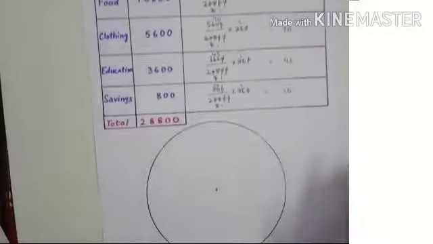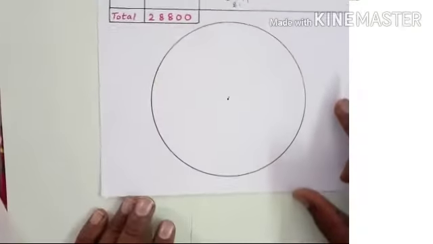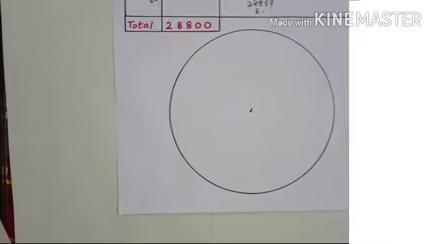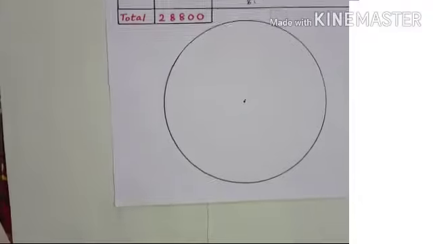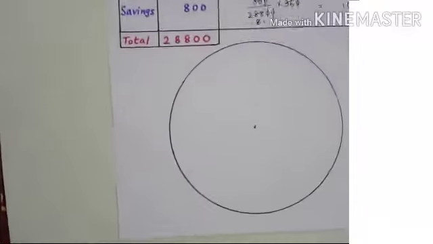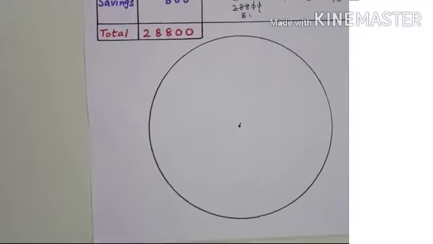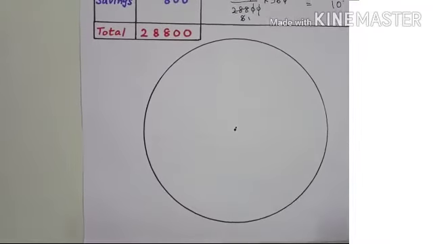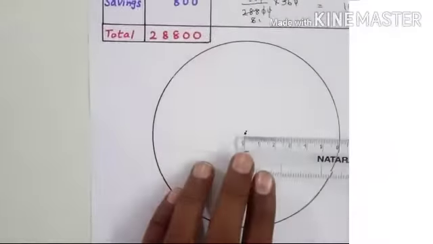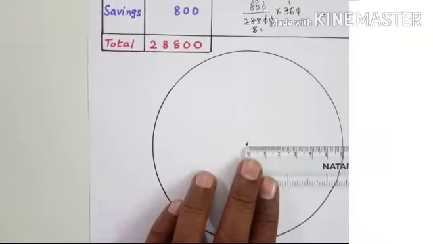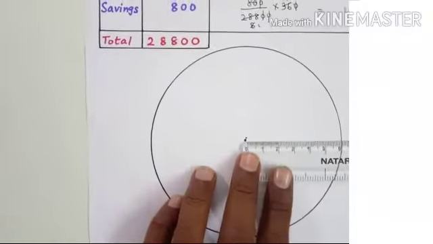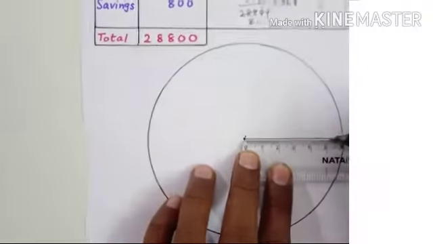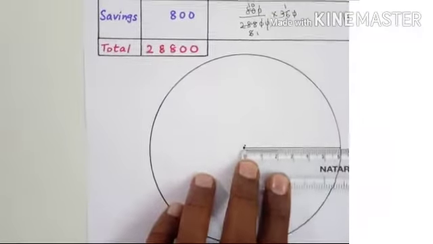For this pie chart, we have to draw a circle of any radius. You can draw a circle of any convenient radius. I have drawn here a circle of 6 centimeter radius, like that, and drawn a horizontal radius.